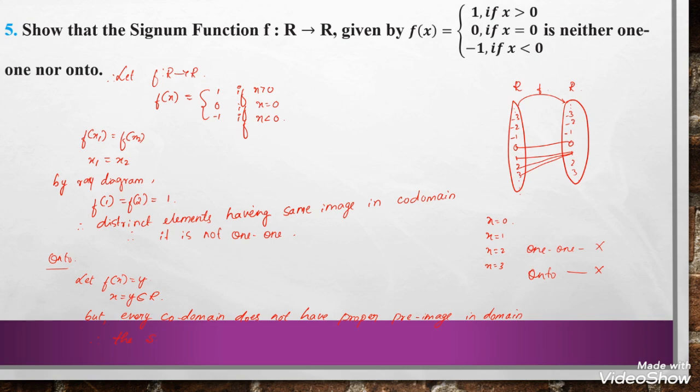Therefore, the signum function is neither one-one nor onto.